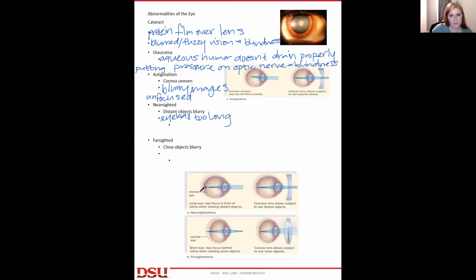Notice that the eye itself is longer, which means the retina is actually farther back. And so it's focusing earlier than it should. And then there are corrective lenses that allow you to see farther by altering where that light is going to focus.